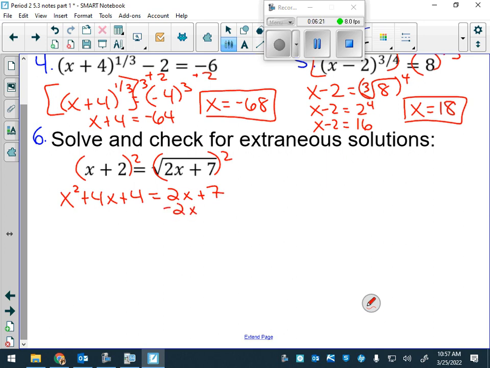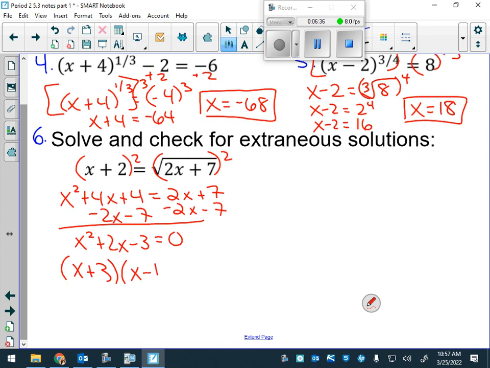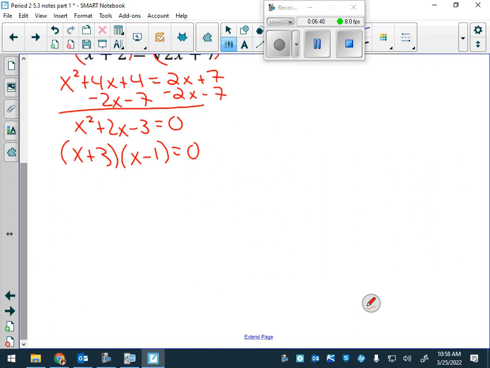We subtract the 2x, subtract the 7. X squared plus 2x minus 3 equals 0. Now we're able to factor: x plus 3, x minus 1.